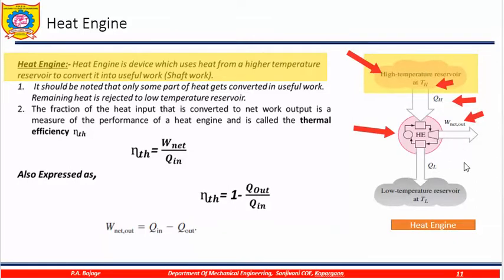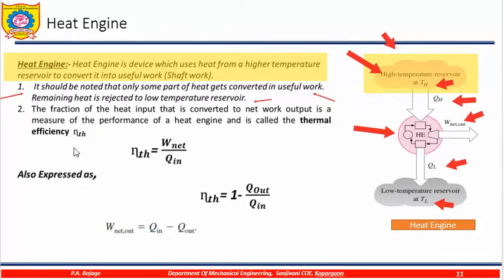Some quantity, that is QL, the heat loss, is always rejected to a temperature TL at a lower temperature than the higher temperature reservoir. So it should be noted that only some part of heat gets converted into useful work and the other heat is rejected to the surrounding, that is the low temperature reservoir.